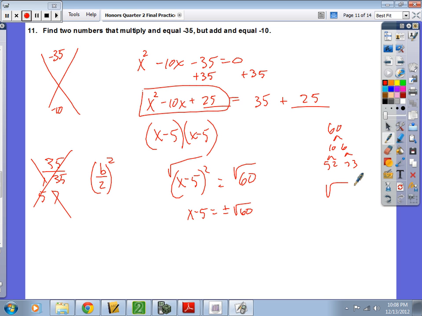So the square root of 60 is 2 squared times 5 times 3. So there's not enough 5s, there's not enough 3s, but there is enough 2s. So you're going to swap out 60. X minus 5 equals plus or minus 2 times the square root of 15. And then just add 5, add 5. Your answer is going to be 5 plus or minus 2 times the square root of 15.